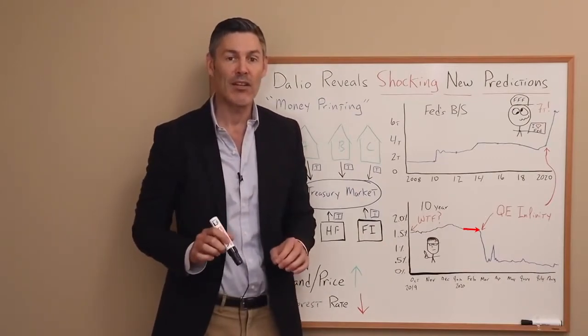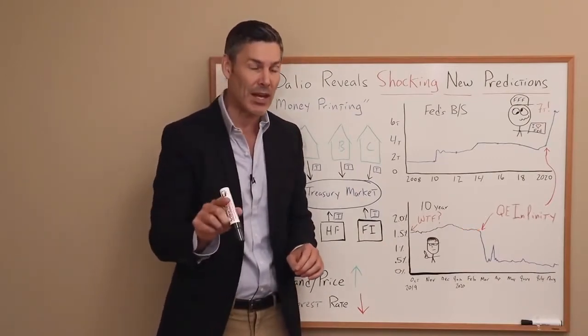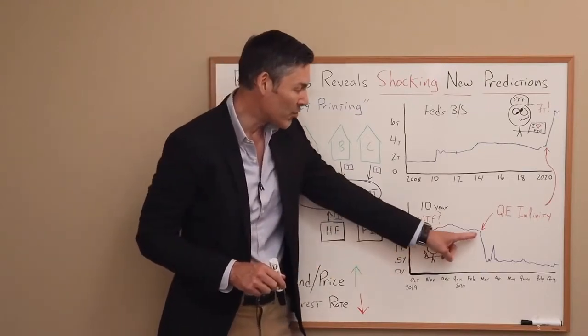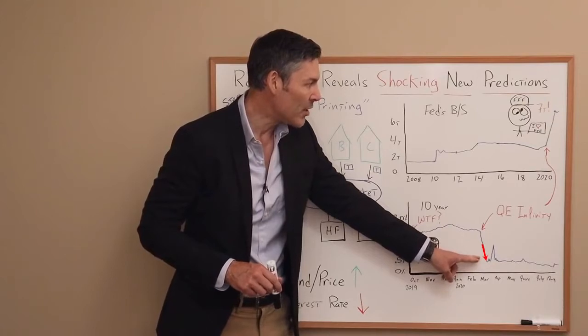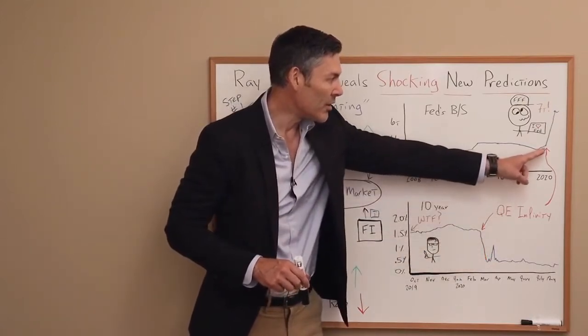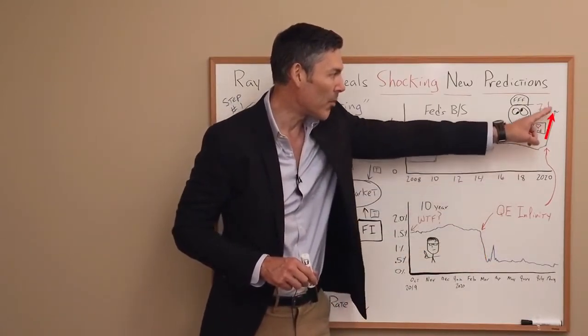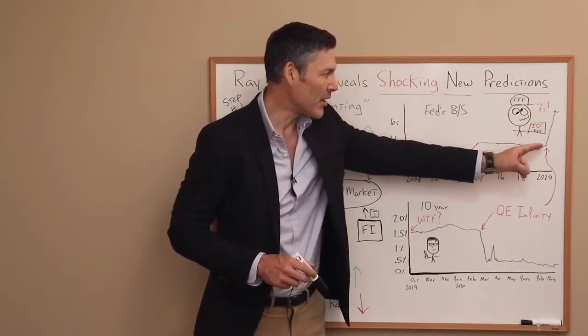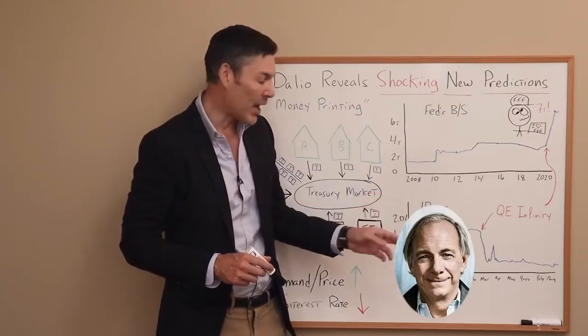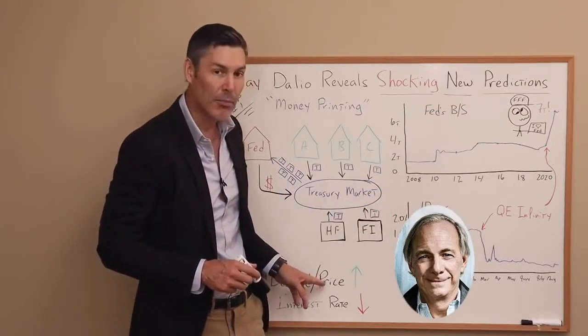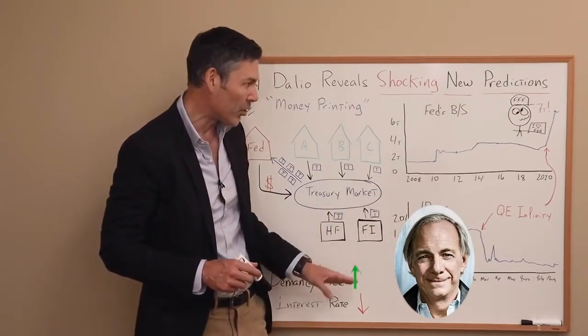When the Fed comes in and starts QE infinity in March, that's when interest rates drop off a cliff. This would coincide with this chart, and that's where the Fed's balance sheet goes parabolic. So again, what's happening is the Fed is coming in and buying treasuries, and according to Ray Dalio, that additional demand is making the price go up or the interest rate go down.